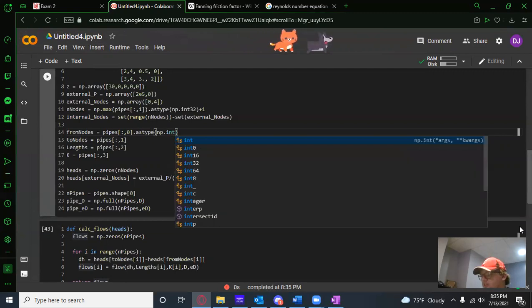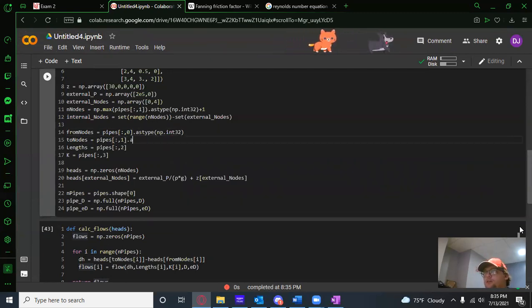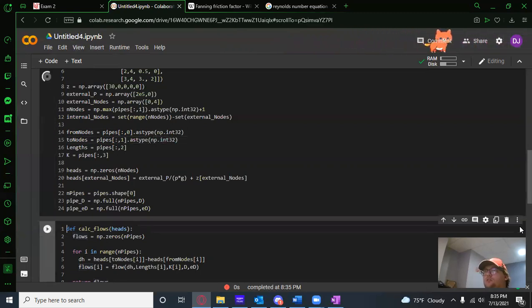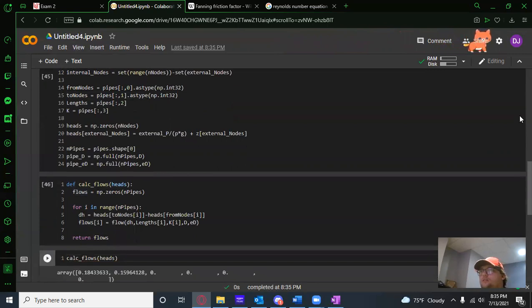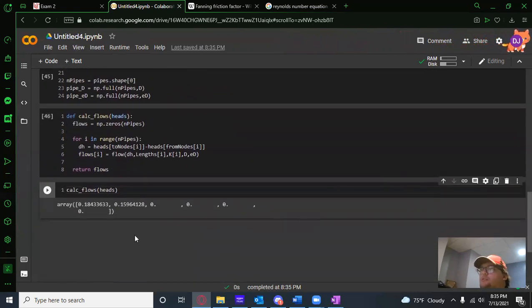So we type np.int32, dot astype np.int32. So if you run this again, all right. So as you can see, although this isn't correct, we'll get better results in a second. But what's going on here is, as you can see, we have flows now being calculated.